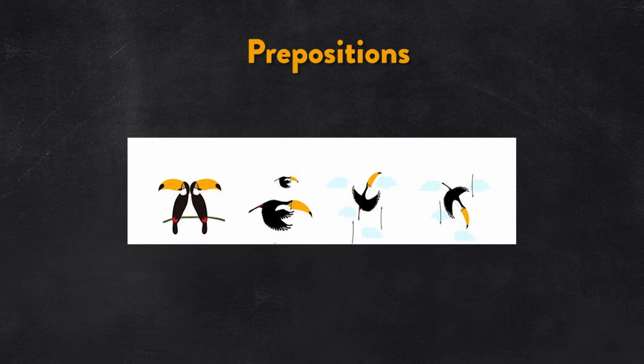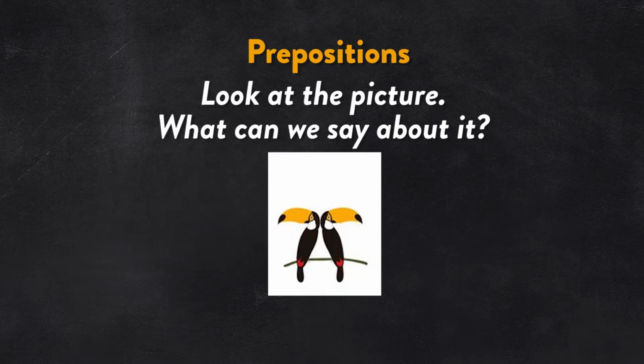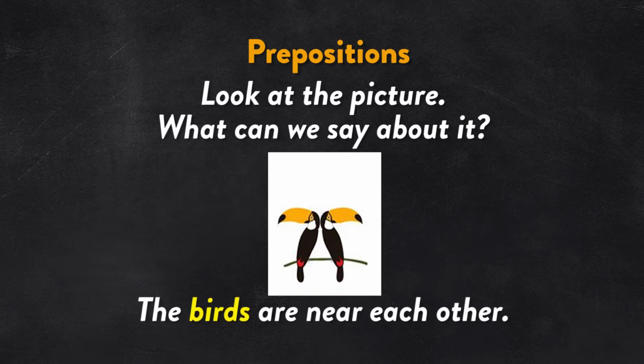Now, the next set of pictures, you will see more than one bird. In the first picture, what can you say about these two birds? We can say they are near each other.